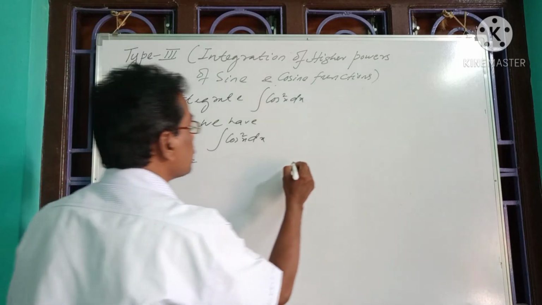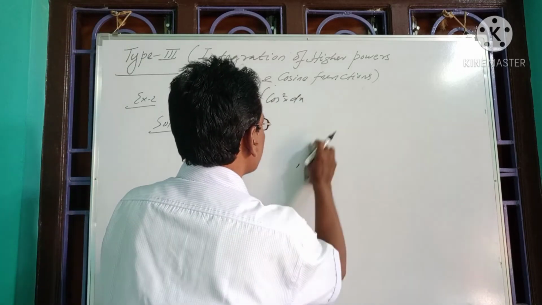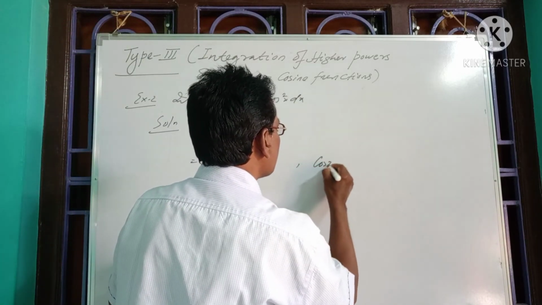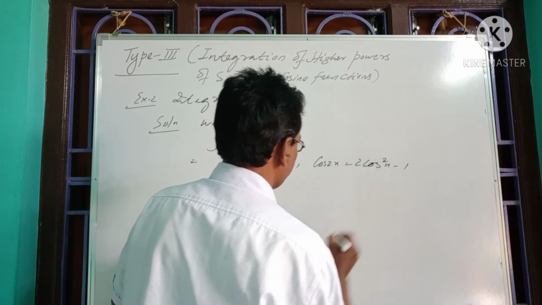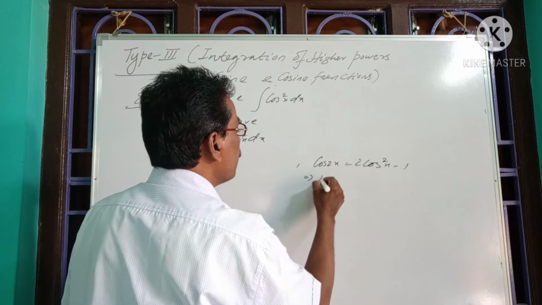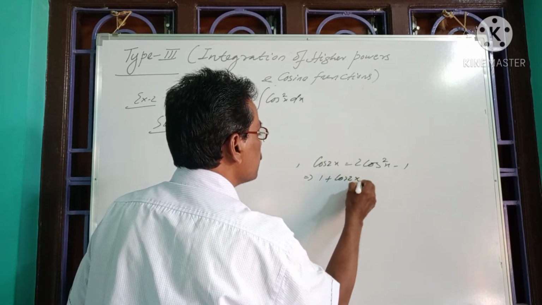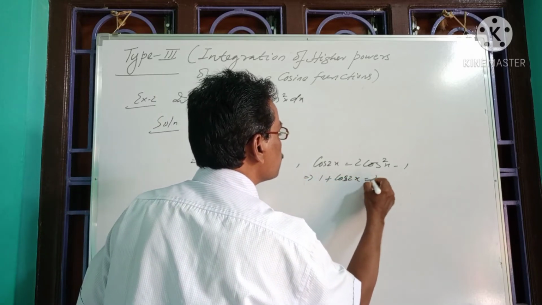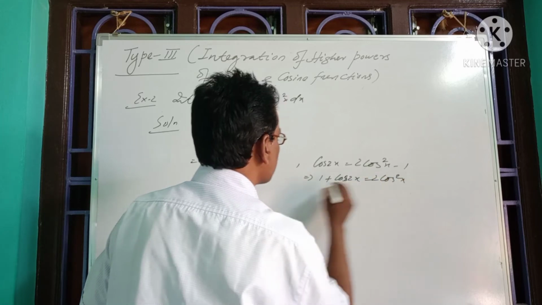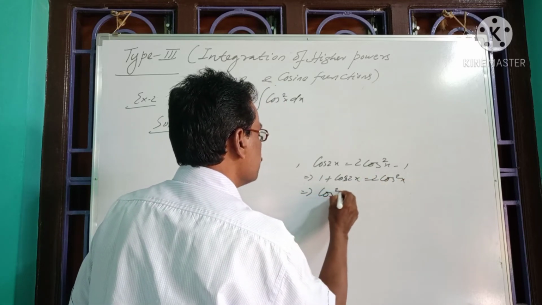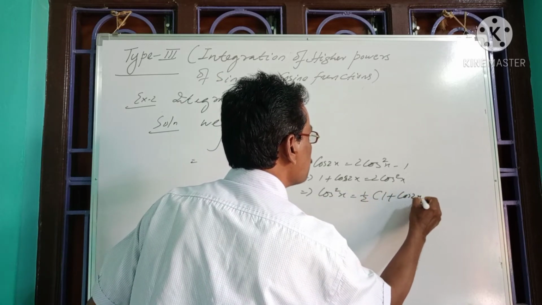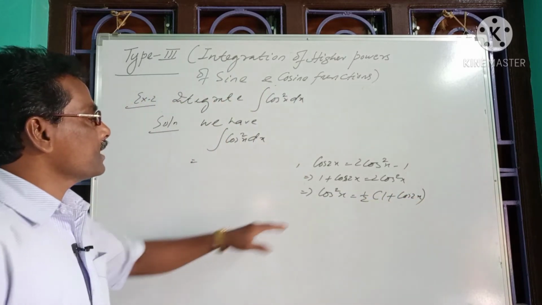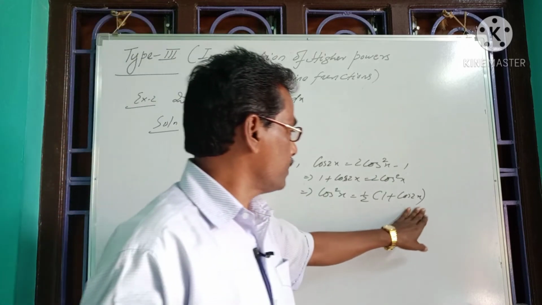So recall the formula, cos of 2x is equal to 2 cos square x minus 1. Simplifying, we have 1 plus cos of 2x is equal to 2 cos square x. So cos square x is equal to half into 1 plus cos of 2x.